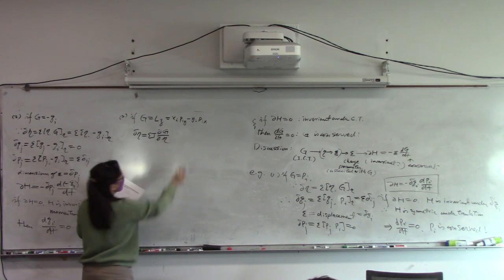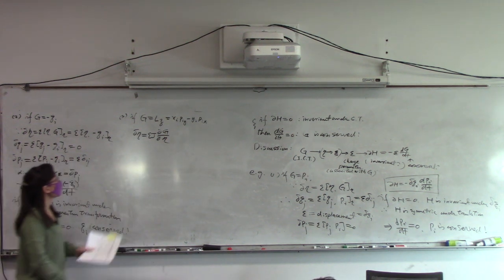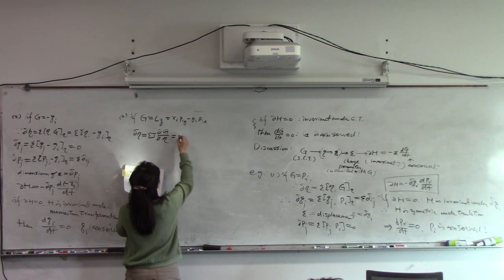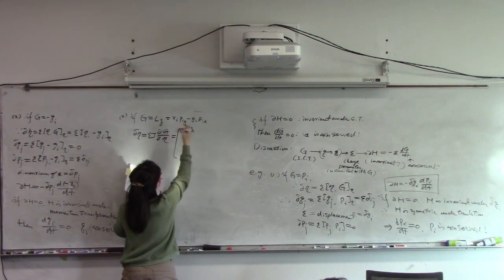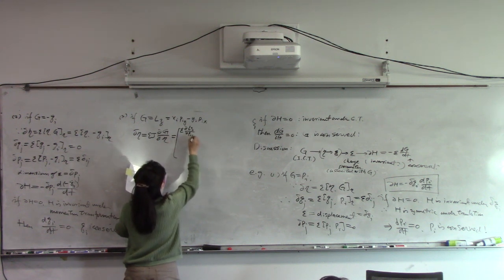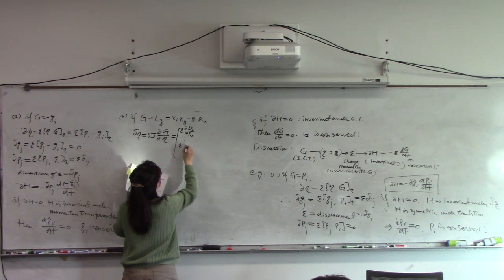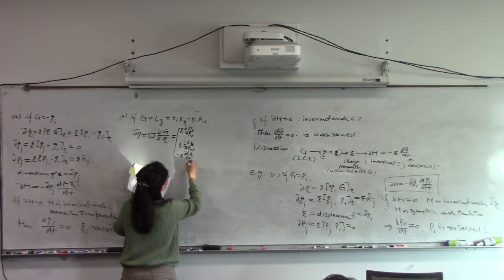So that is epsilon partial Lz, since G is Lz, partial P1x, up to epsilon partial Lz partial Pnx, and minus epsilon partial Lz partial x1, through minus epsilon partial Lz partial xn.